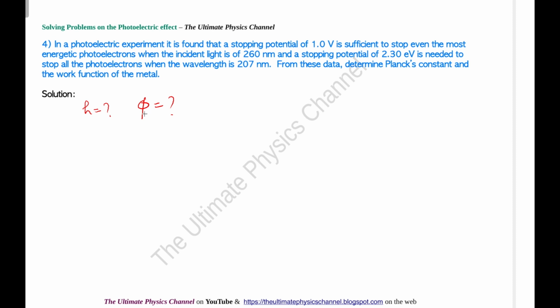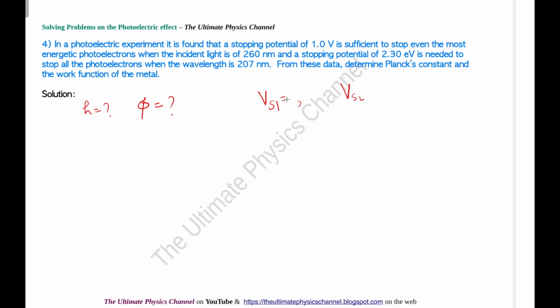The first equation obviously is for the first case where stopping potential is given as 1 volt. So let us say that the stopping potential for the first case is V S 1, and the second case stopping potential is V S 2.